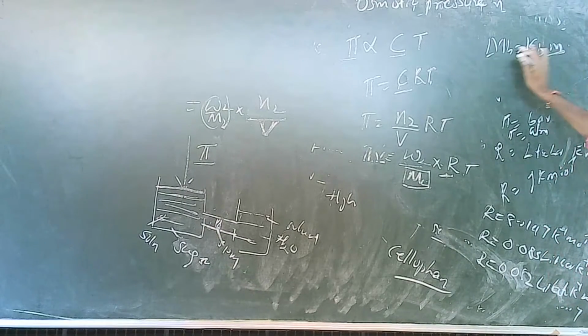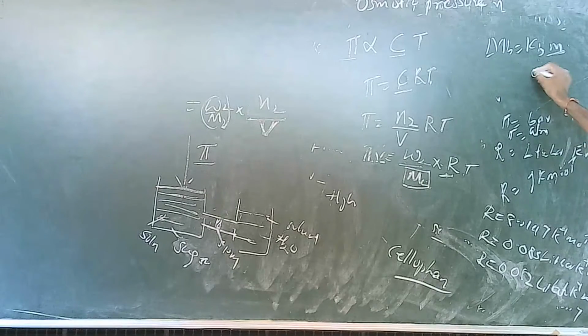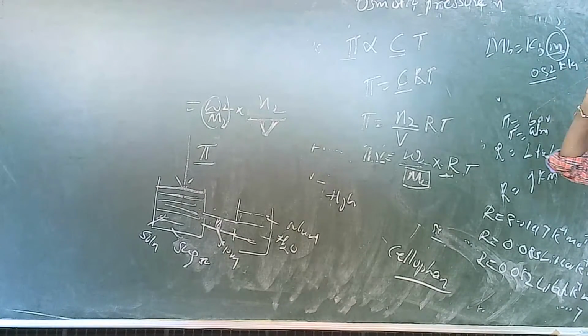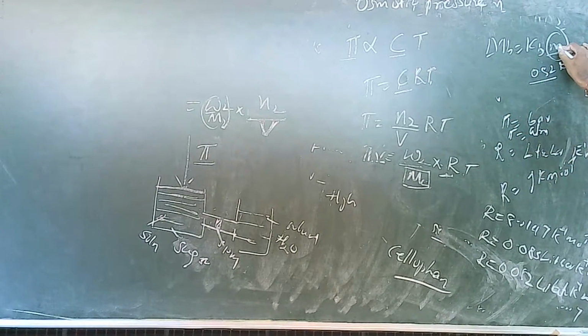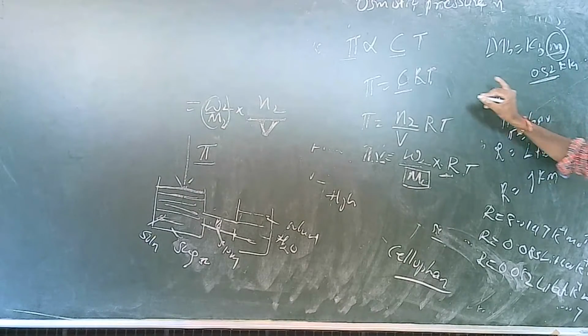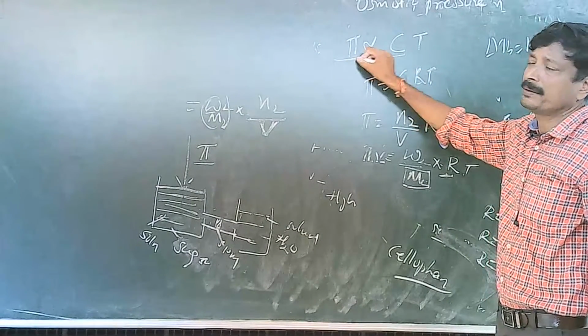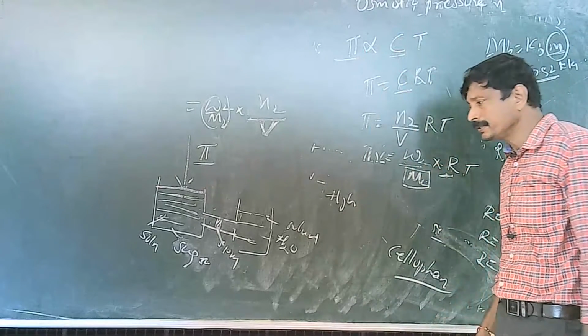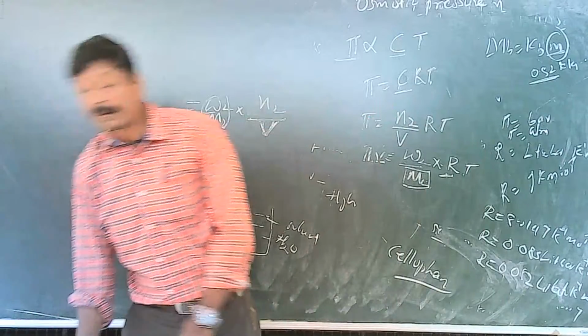If molality is 1, delta TB is equal to Kb, which we know is 0.52 Kelvin kg per mole. That means for a one molal solution, the increase in boiling point is only 0.52 degrees centigrade. So if the concentration is a little lower, the magnitude of the result is very small and you cannot measure it accurately. But in pi, the magnitude is high, so even for lower concentrations we can measure pi easily. So this is the osmotic pressure method.